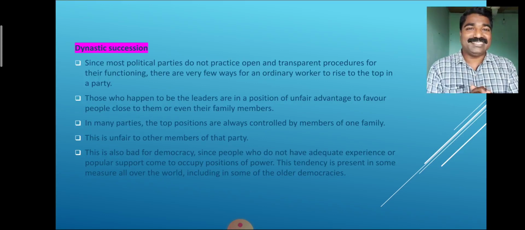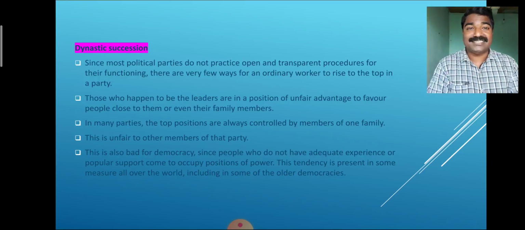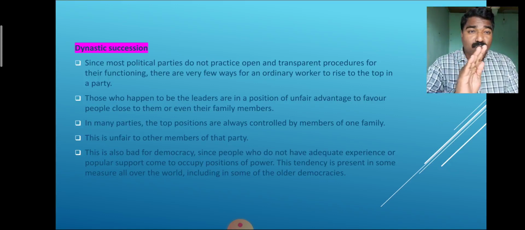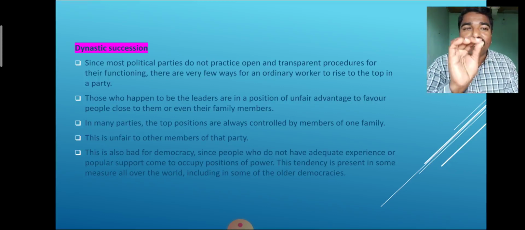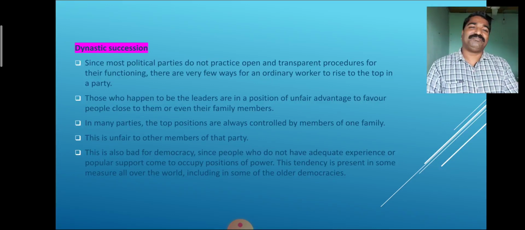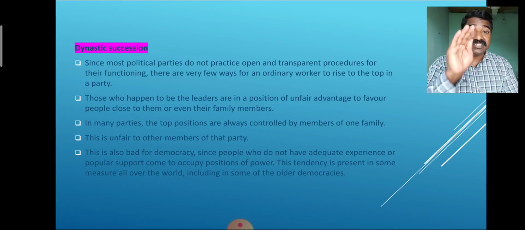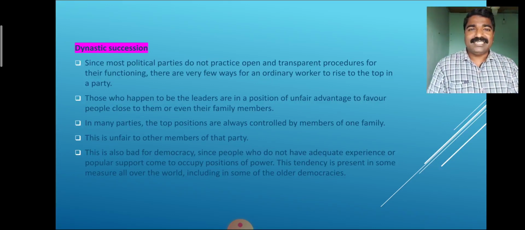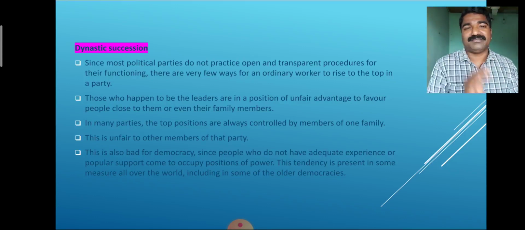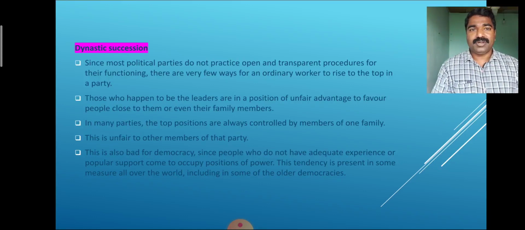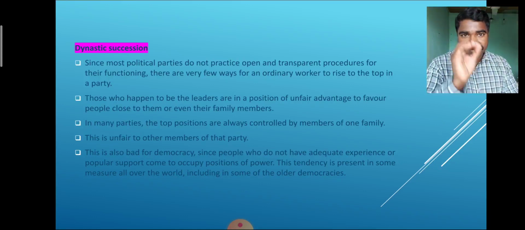In many parties, the top positions are always controlled by members of one family. That is called dynastic succession. This is unfair to other members of that party.